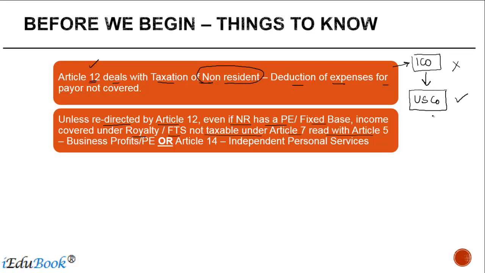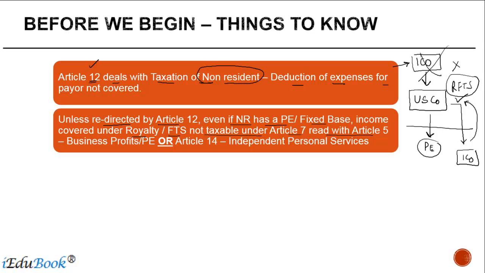Suppose in my example, this US company had a PE in India, right? Just forget this for the time being. This US company was also providing services to an Indian company which made a payment to them for royalty or FTS, right?